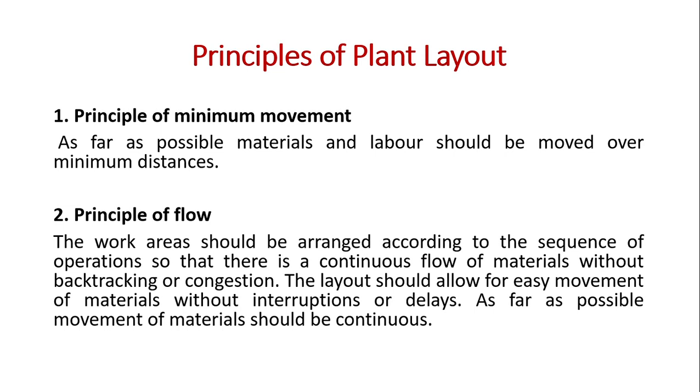Both material and labor should move through minimum distance. Second principle is principle of flow. The work area in the plant layout should be arranged according to the sequence of operation so that there is a continuous flow of material without congestion. The plant layout should allow for easy movement of material without interruptions or delay.